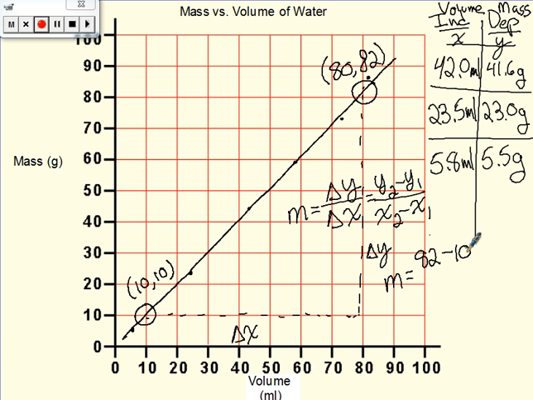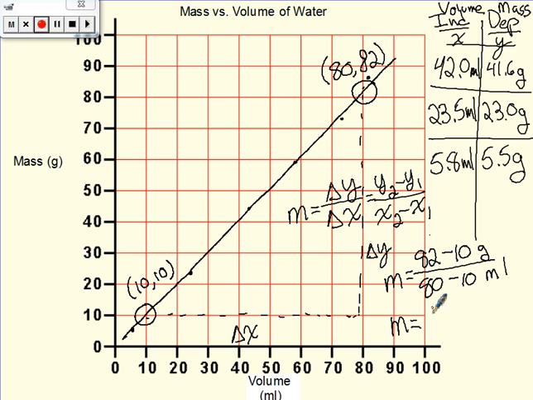The units for the y, or dependent variable, are grams. We divide that by the change in the volume, so we have 80, which is our x2, minus the 10, and these units are in milliliters.